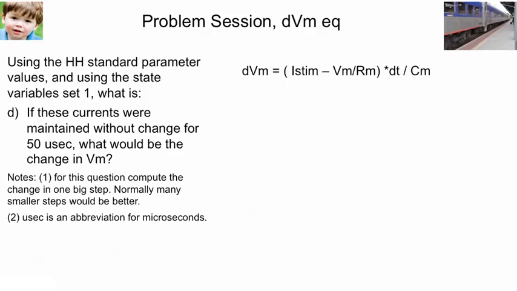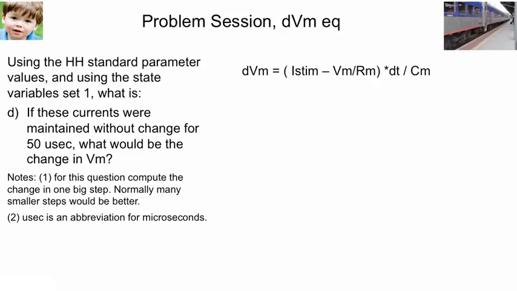Now here we come to the interesting part of this calculation. It says if these ionic currents were maintained without change for 50 microseconds, what would be the change in VM? Now, 50 microseconds is a pretty big time shift to assume that all the membrane currents, the ionic currents, remain constant.